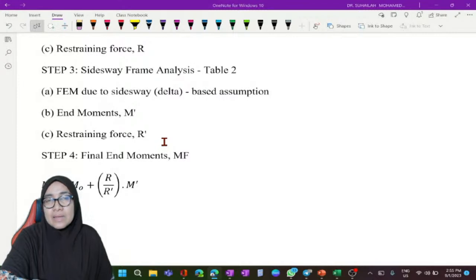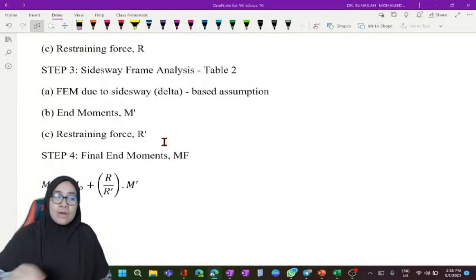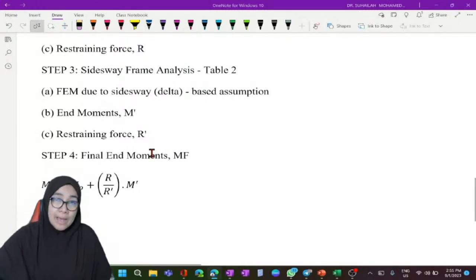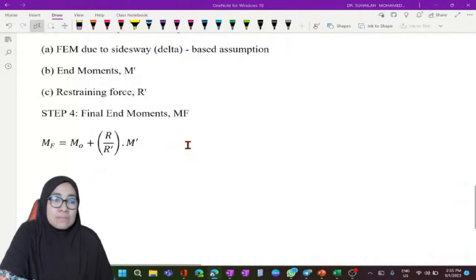So this R and R prime actually give us the correction factor. Finally, we combine all the known values that we calculated in one formula, the formula to calculate the final end moment for the sidesway frame given in the question.